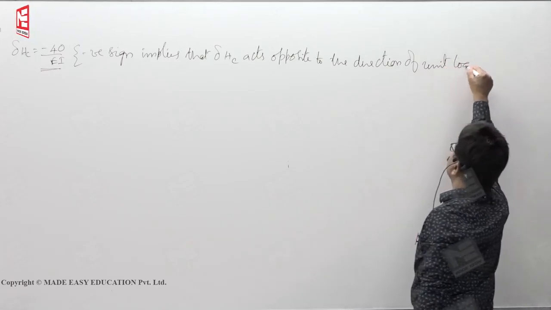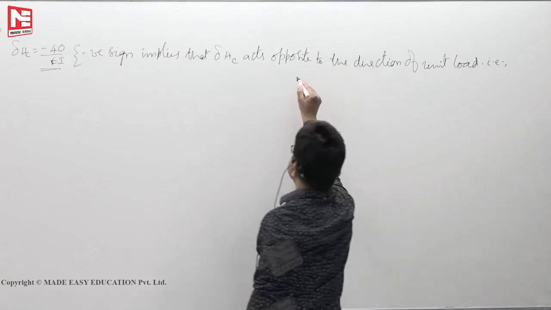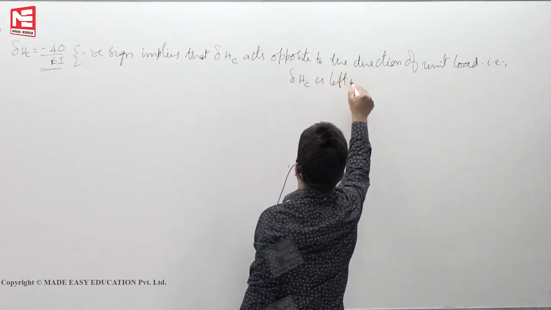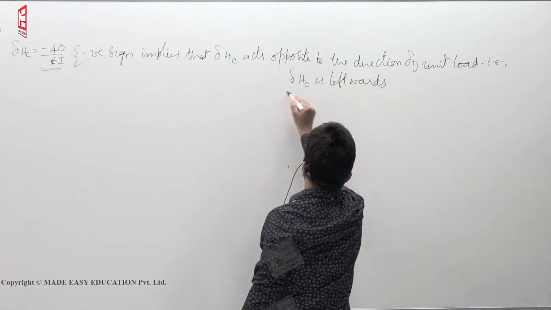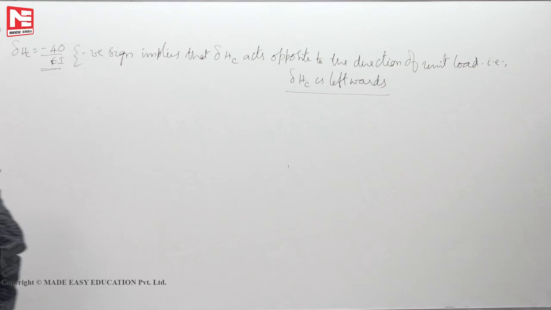Opposite to the direction of unit load. That is, delta HC is leftwards. Like that. Okay. So these are the types of problems. Not more than 2 members will be there in the exam.